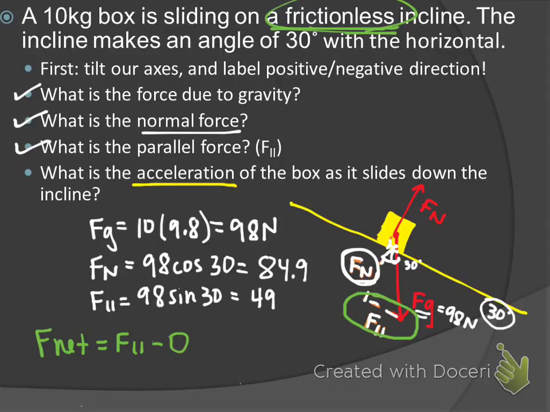Then our parallel force we know is 49. We're solving for acceleration, so what can we substitute here for F net? Mass times acceleration, so 10 times A equals 49. And that gives us an acceleration of 4.9 meters per second squared.